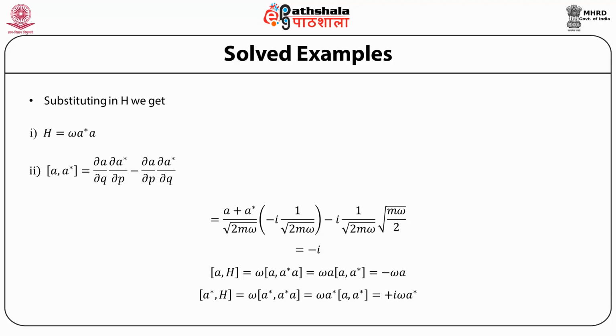And likewise, the Poisson bracket of a with H is very easy to obtain because H is omega a star a, and from the properties of the Poisson bracket, the Poisson bracket of a with H is simply equal to omega a times the Poisson bracket of a with a star, which is equal to minus i. Therefore, the Poisson bracket of a with H is minus i omega a, and the Poisson bracket of a star with H is i omega a star.